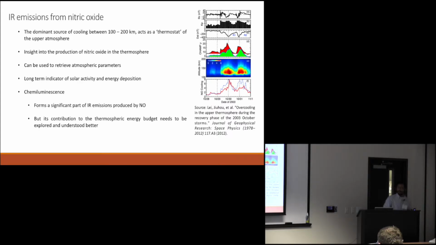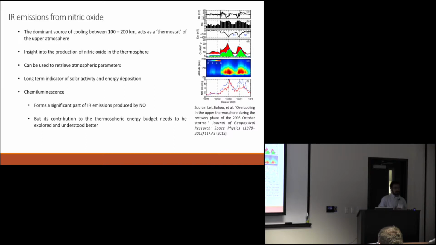A point that's been brought up by Justin briefly, and I think Scott earlier in the day, was that the density of NO is such that it's a minor species, but its behavior and its importance is more that of a major species. Dr. Winnick mentioned this briefly a minute ago. It acts as a thermostat in the upper atmosphere.